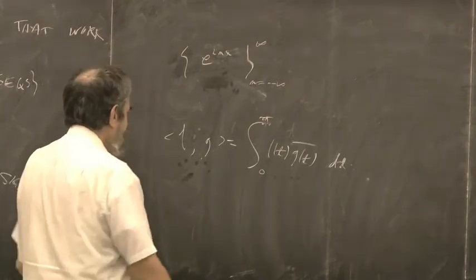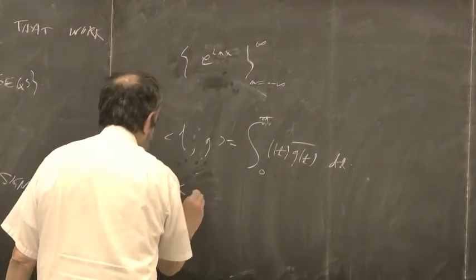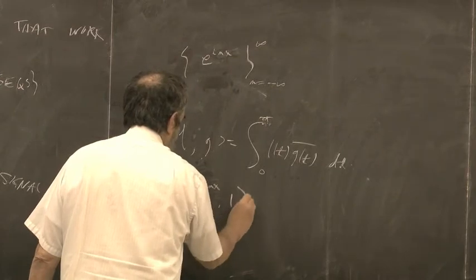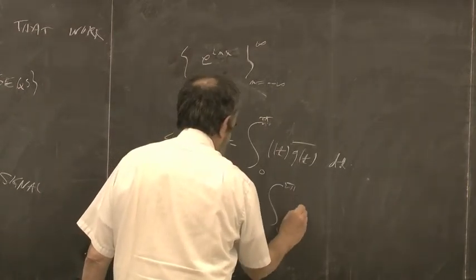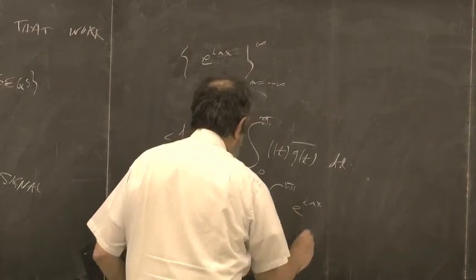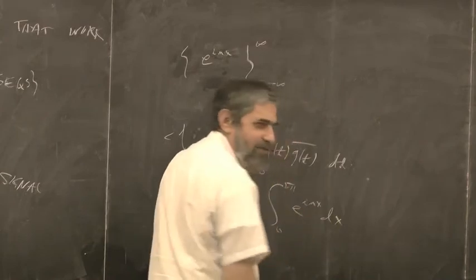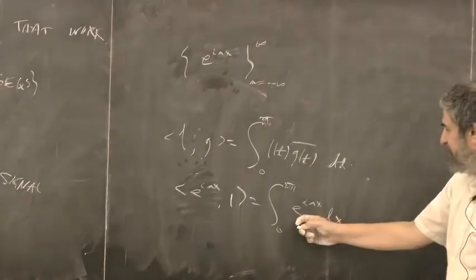All right, so let's just check it with 1. If I do the inner product of e to the i n x with 1, I'm supposed to integrate from 0 to 2 pi of e to the i n x times 1 conjugate. Okay, that was a joke. But what is that? That's like integrating cosine.